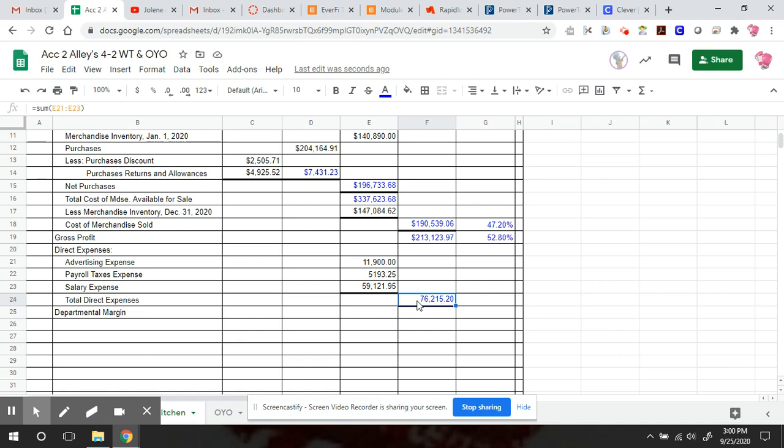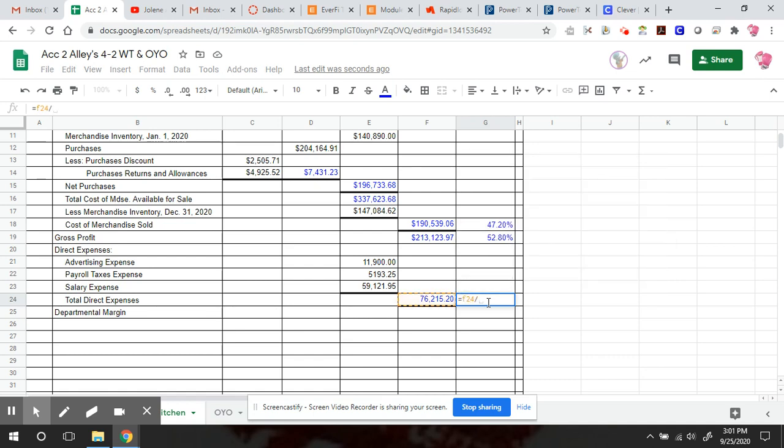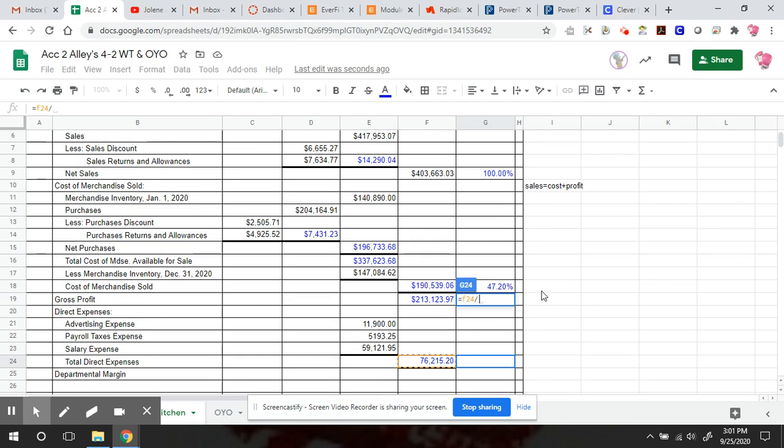All right. So these are the direct expenses just for the kitchen department, and we have to find out what this percentage is. So again, numerator is the smaller number. In this case, it's F24 divided by, what was that before?